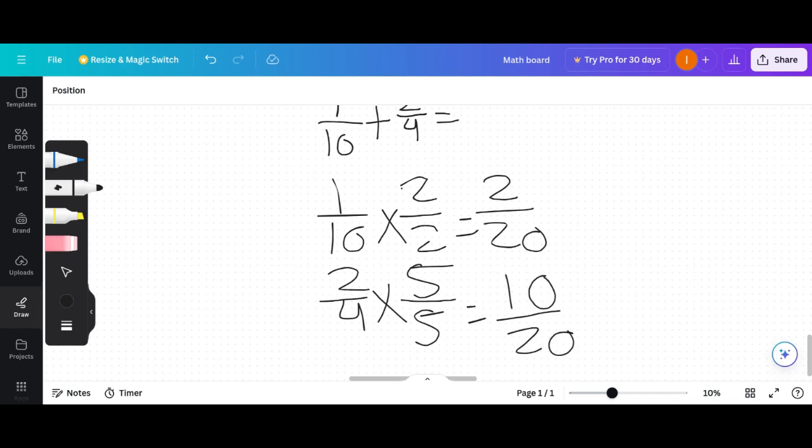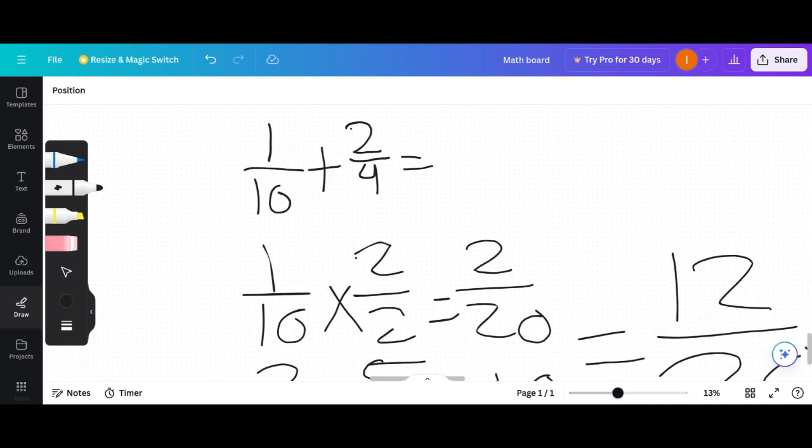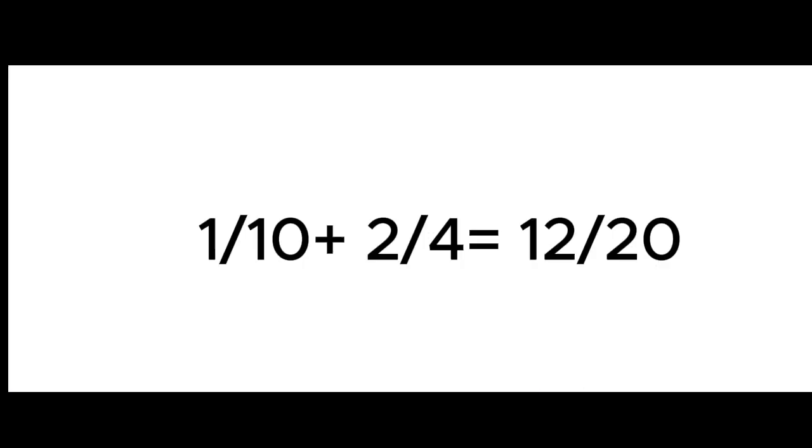Okay, now we just have to add all that together, which equals 12/20. That means that 1/10 plus 2/4 equals 12/20.